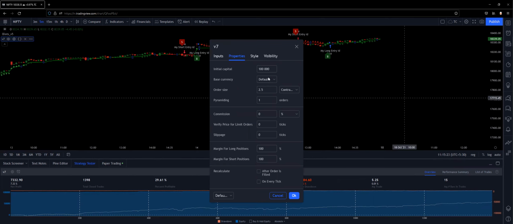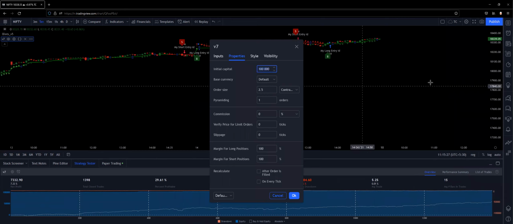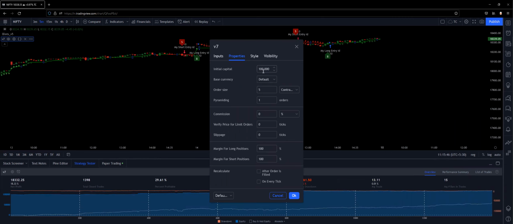For Nifty, I think there is some catch. If you have 1 lakh rupees, and Nifty is trading 18,000, let's say it is trading 20,000, how many lots can you purchase? You can buy almost 5 lots with 1 lakh rupees.